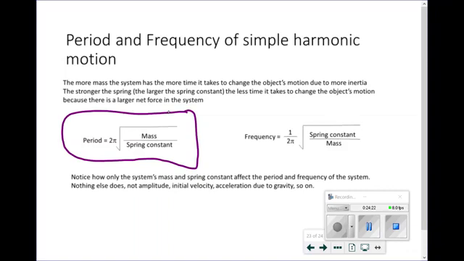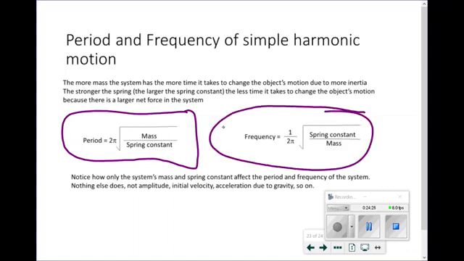The frequency being the inverse of that, the reciprocal, we just see the reciprocal of that. Instead of 2 pi, it's 1 over 2 pi. And instead of the square root of mass over spring constant, it's the square root of the spring constant over mass.